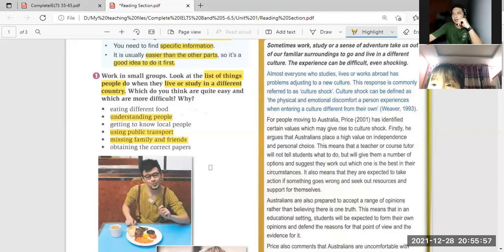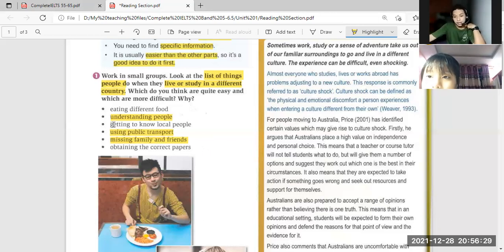Maybe the example is, I want to ask you first, what is your favorite food in Vietnam? Bread. Maybe when you are going to America, you will find that mostly the food in America is not spicy and not salty. Maybe you can't really eat that kind of food.